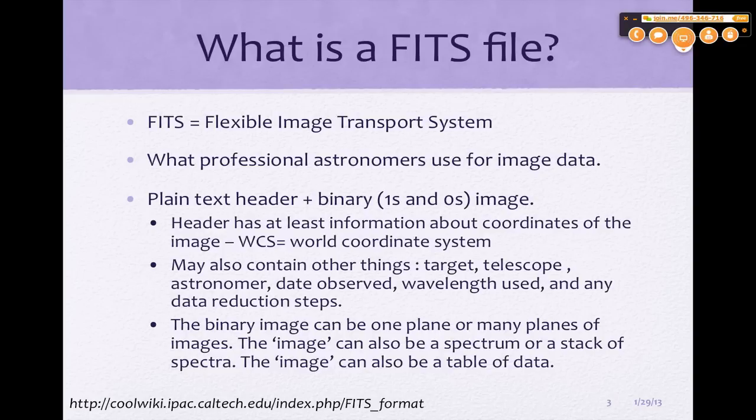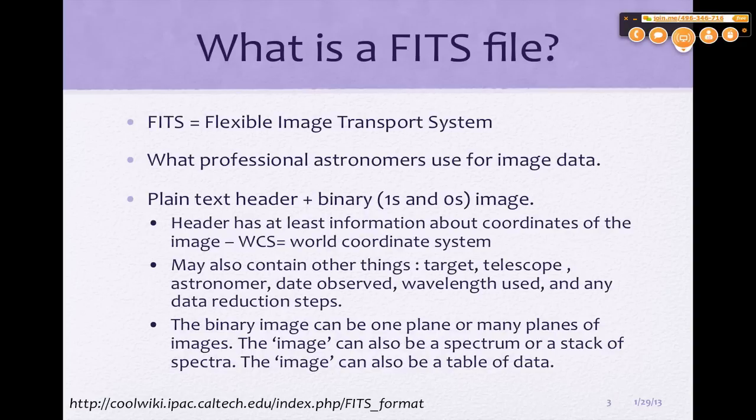The binary image itself can be a single plane. In other words, it can be just one right ascension declination image. But it can also have something called extensions or planes. So you may have one FITS file that has the image, the errors, the coverage, all sorts of other information on many planes of data in that FITS file.